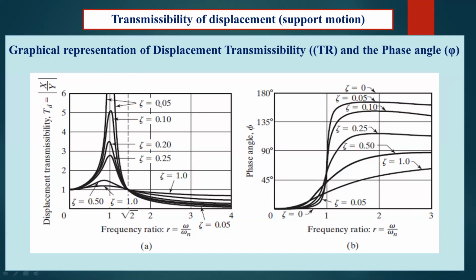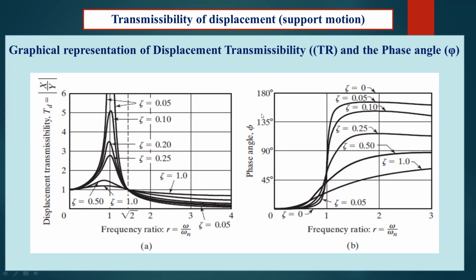For zeta very small, for zeta increasing, and for zeta critical, we have this kind of diagram. This is the displacement transmissibility versus frequency ratio diagram for base vibration. Don't forget that what we are talking about is base vibration.